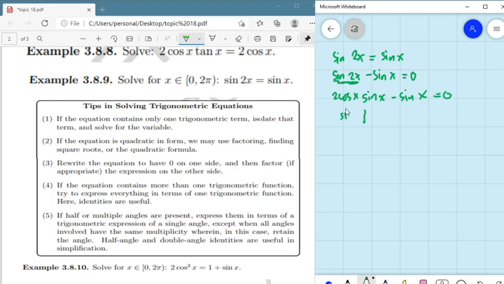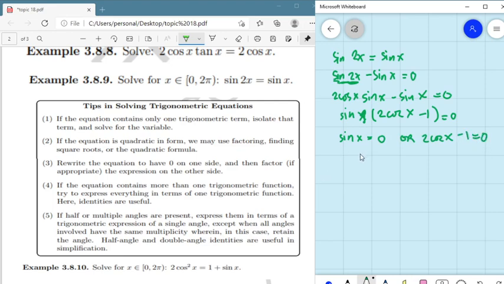The common factor here is sine x. So taking out that sine x, it becomes 2 cosine x minus 1 equals 0. So from there, we are going to use the zero factor law. So sine x equals 0 or 2 cosine x minus 1 equals 0.